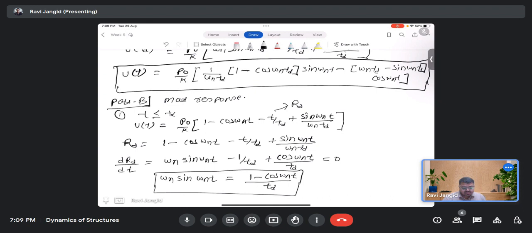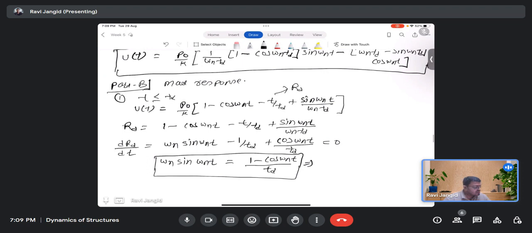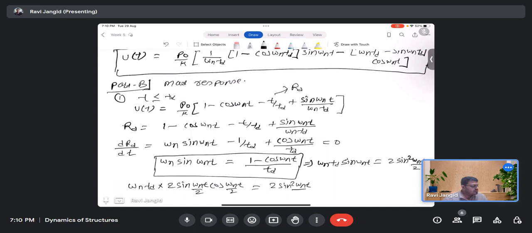Or I can again write this equation as a omega n td sin omega n t is equal to 1 minus cos omega n t, which I can write as 2 sin square omega n t over 2. And this term I can also write as omega n td into 2 sin omega n t by 2 cos omega n t by 2 is equal to 2 sin square omega n t by 2.